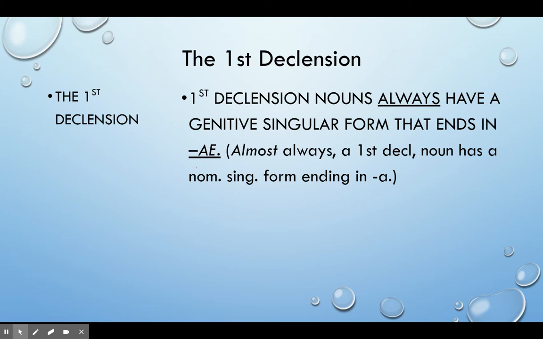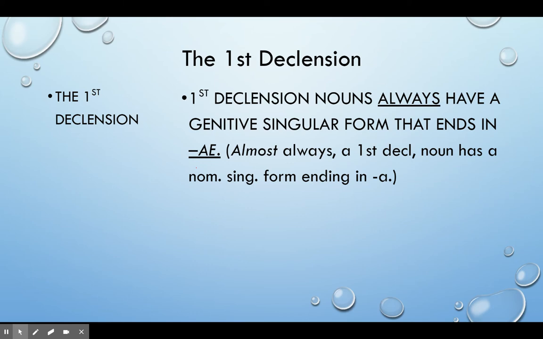All right. We have not seen an exception to this rule, but sorry, I don't want to say an exception to this rule. We haven't seen any first declension nouns that have a nominative singular form ending in anything other than A, but there are a few.